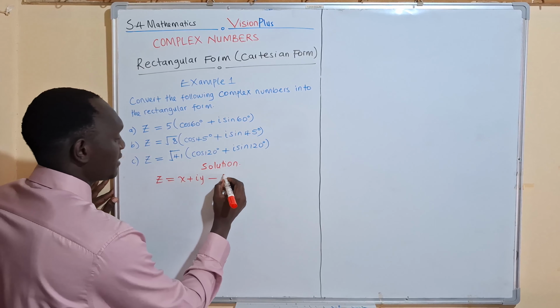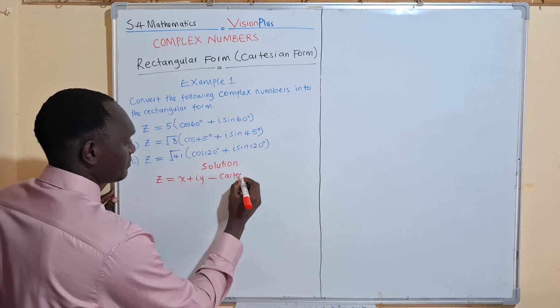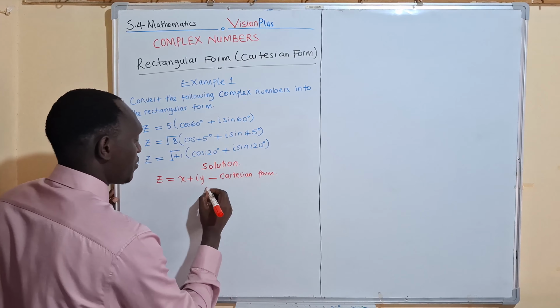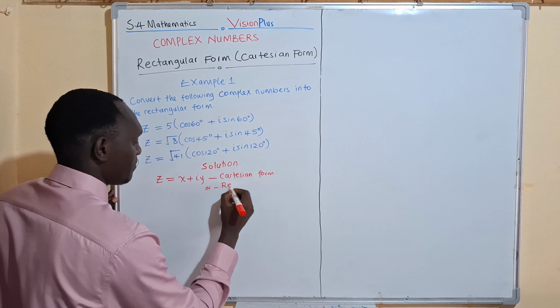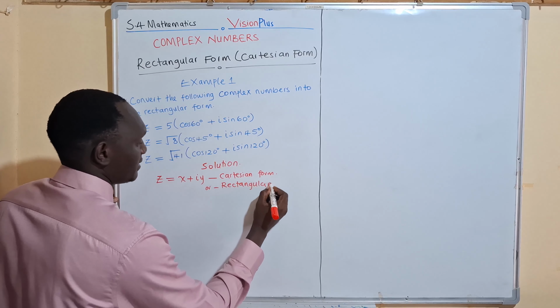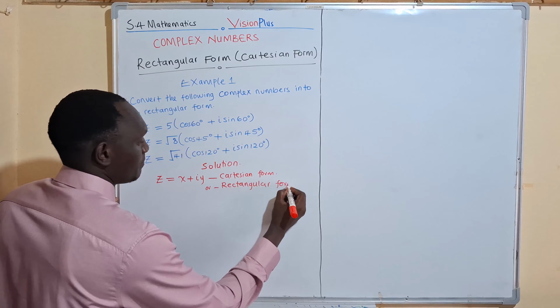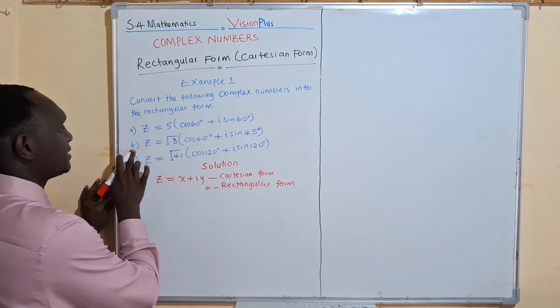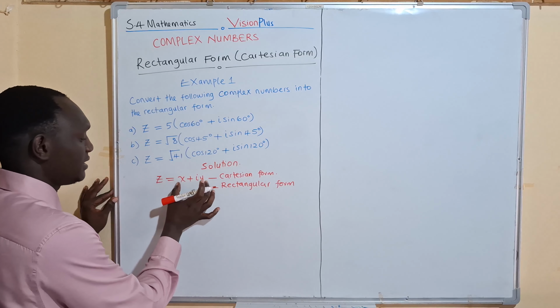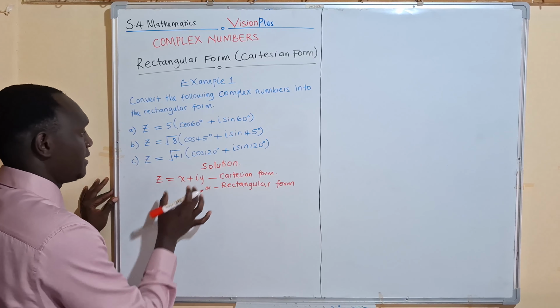This is what we call the Cartesian form or the rectangular form. They are the same. So we are given the polar form and we need to convert from the polar form into the Cartesian form that we know.